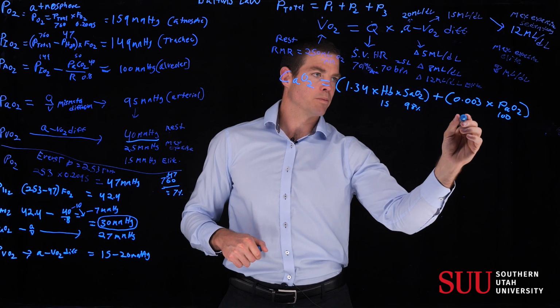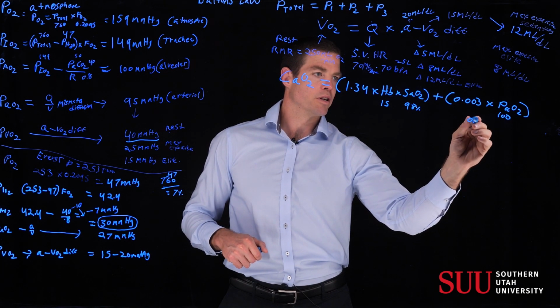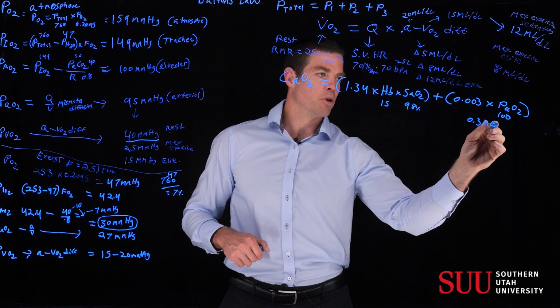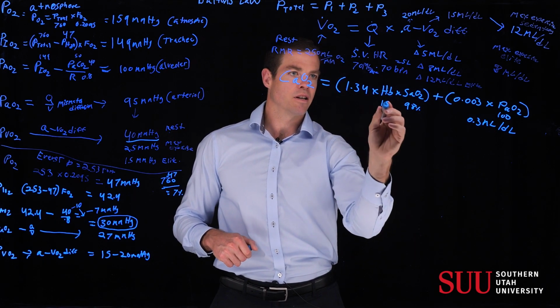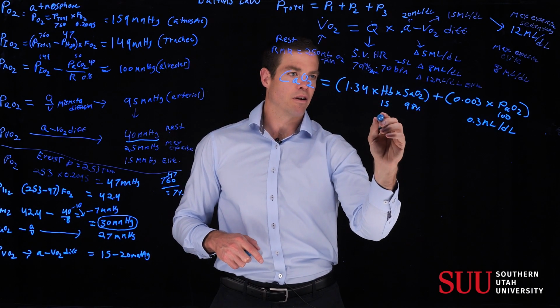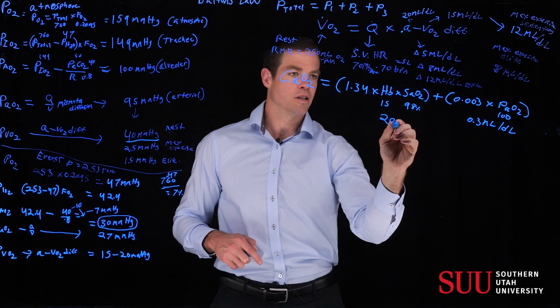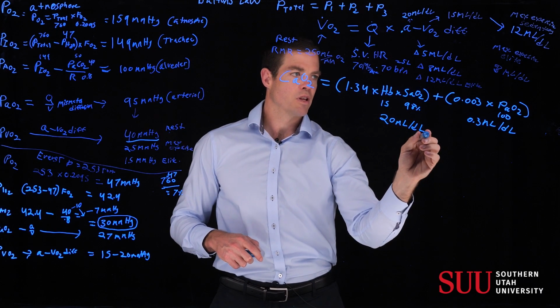So this ends up being 0.3 milliliters per deciliter. And this over here, 1.34 times 15, 98% of that. So you're around 20 milliliters per deciliter.